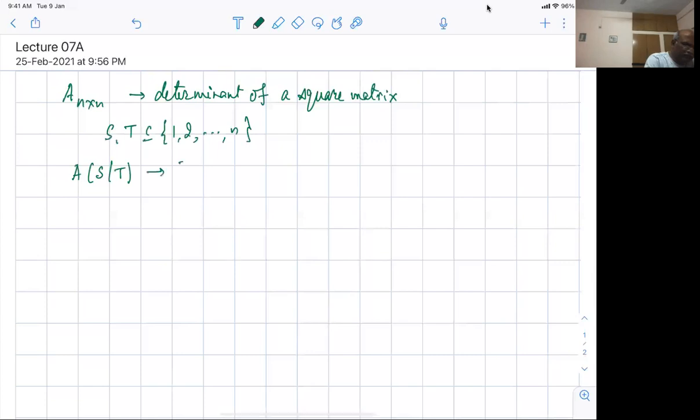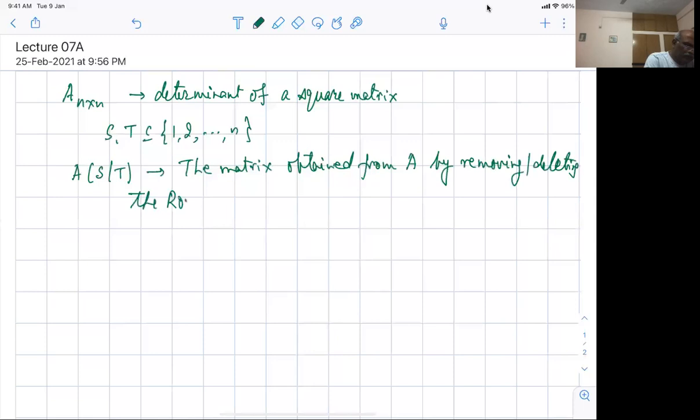A(S,T) is the matrix obtained from A by removing, or deleting, the rows corresponding to S and the columns corresponding to T.